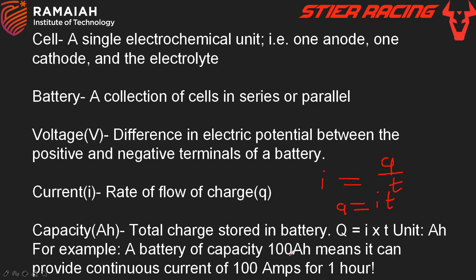If I say a battery has a capacity of 100 ampere hour, it means I can run 100 amperes for 1 hour continuously. It also means I can draw 50 ampere of current for 2 hours continuously. So this limits the current and the time for which we can use the battery.